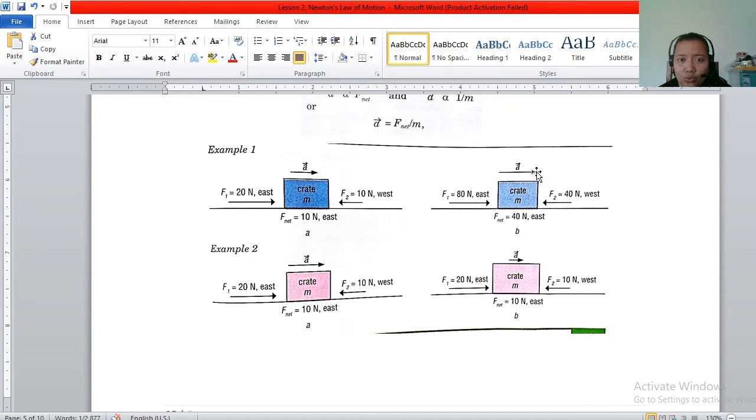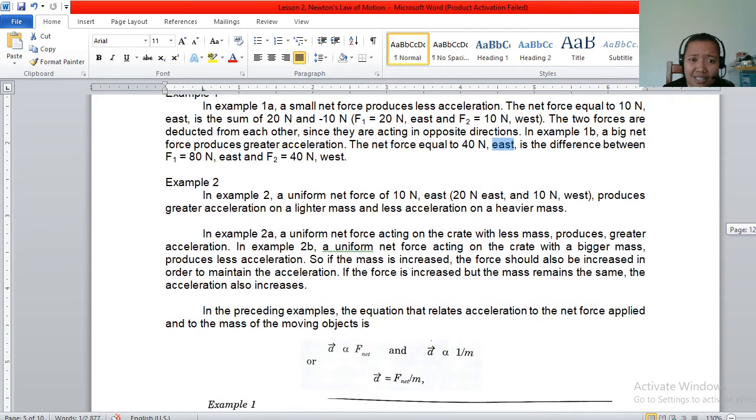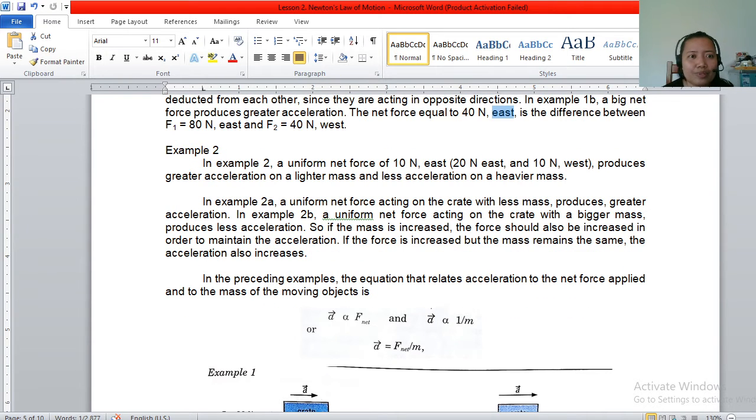So, if you are going to get the net force, positive ang result, tapos east siya. So, every time we have a positive result, we are going to use the positive direction. Okay. So, let's proceed to example number 2.